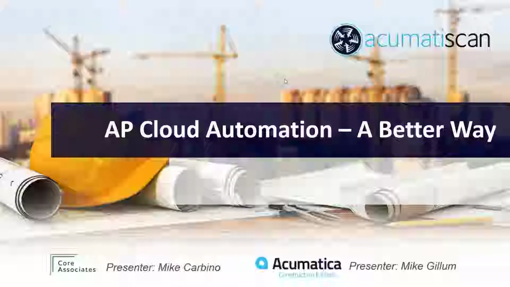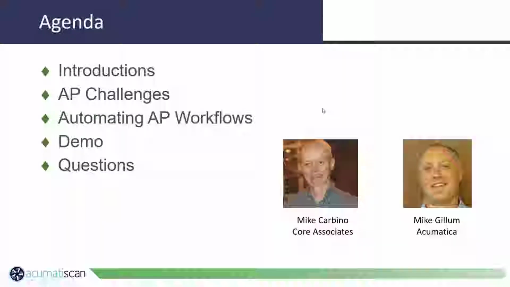Why don't we go ahead and start by giving a sense of where we're going to go from here. On the agenda, I've done the introductions already, so that part is out of the way. We're going to talk about two primary aspects of a company's business. I will start by walking us through some challenges with respect to accounts payable.